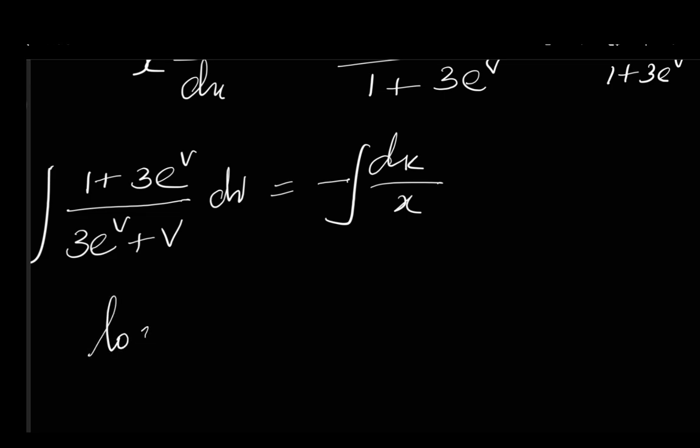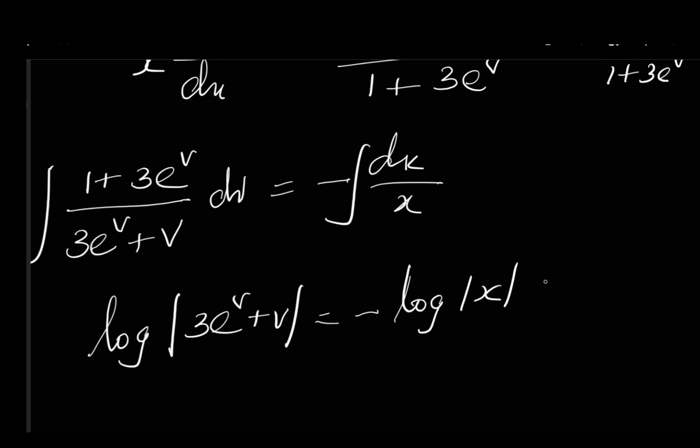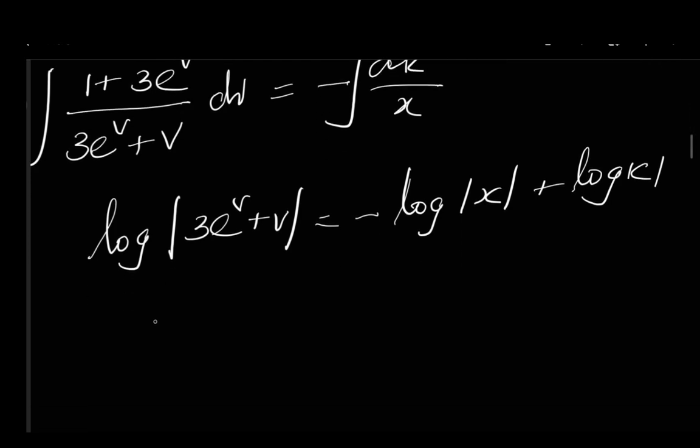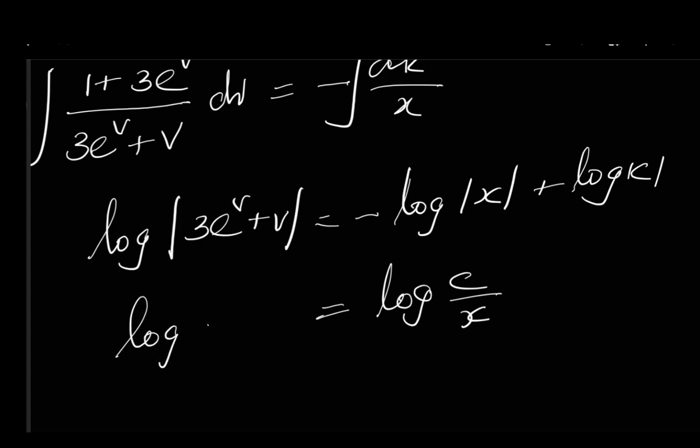So I am getting log of (3e^v + v). You can put a bar because the log holds good only for positive values, minus log x. All the terms are log terms, so the constant also you will get as log c. So log of c/x, minus comes in the denominator, then log of (3e^v + v).